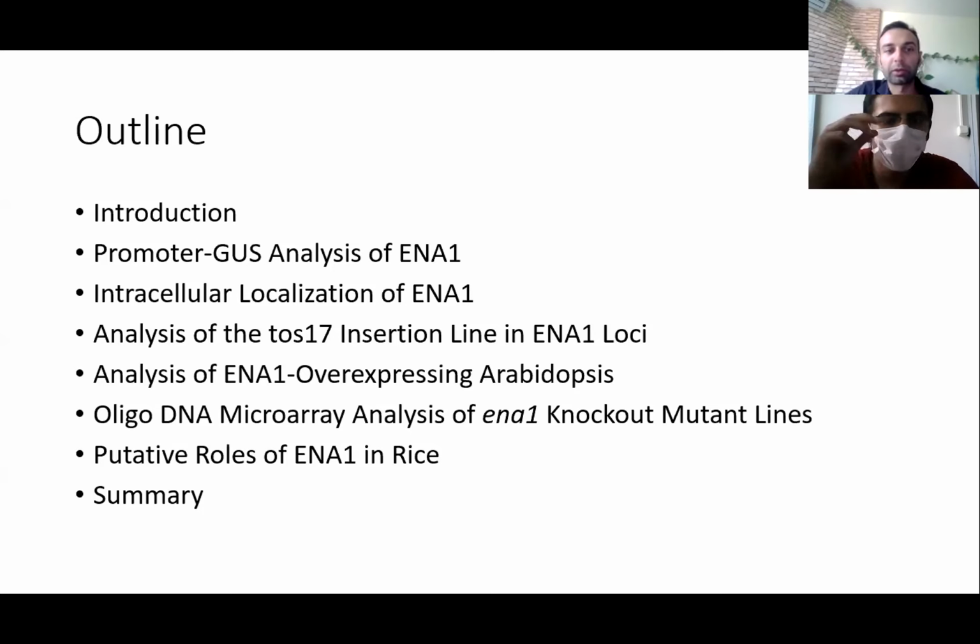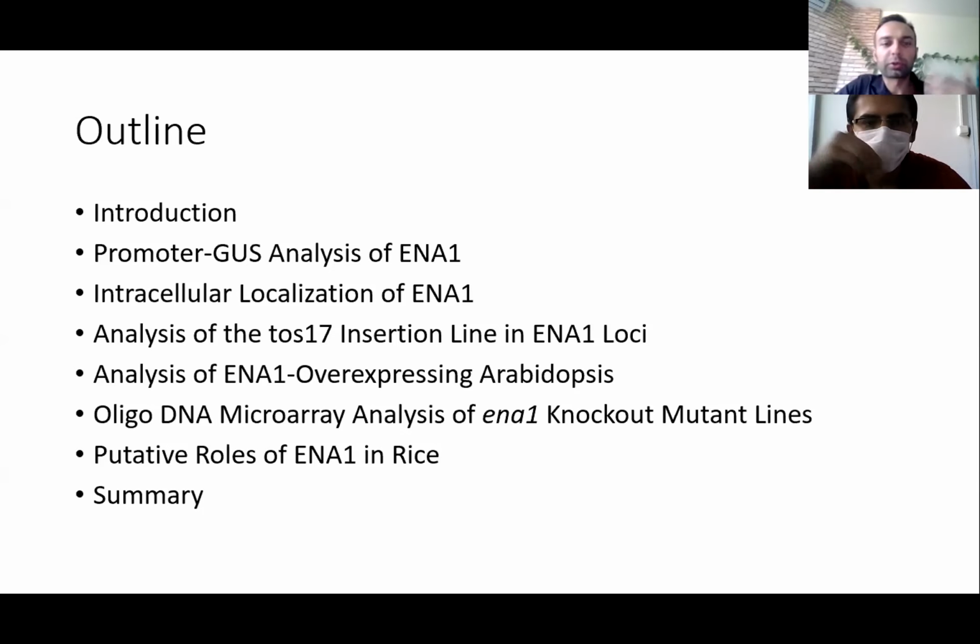Okay, so I will try. You can try to find some pictures. Yes, and you should group them, I think. Like instead of promoter GUS and intracellular localization, maybe you should tell the localization of NO1, and then this will be divided into two: the tissue localization and cellular localization.